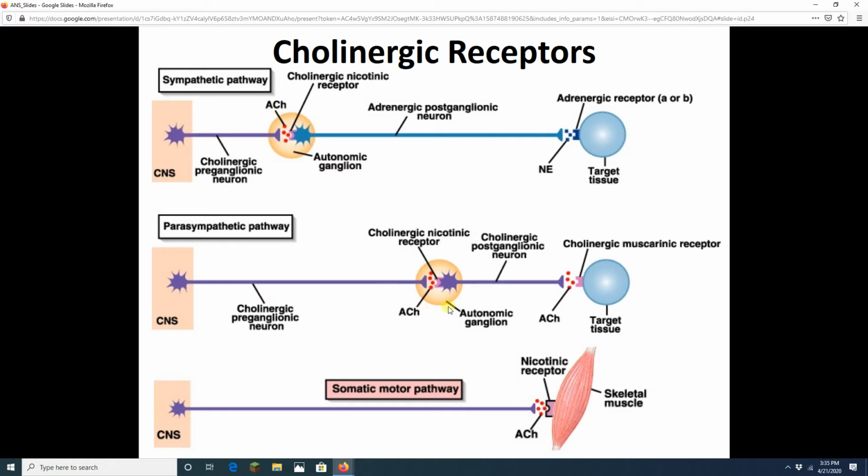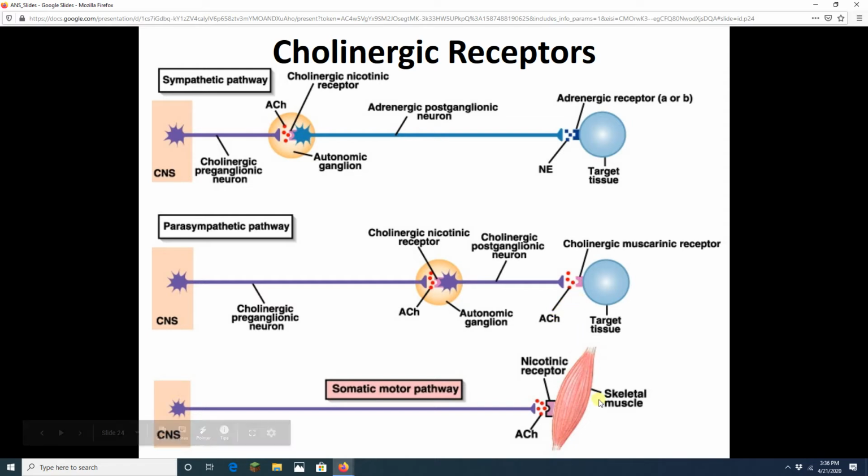Same thing right here. There will be no cholinergic receptors in this path right here, because no acetylcholine right there. But in this path, postganglionic parasympathetic, releasing acetylcholine onto a cholinergic receptor.